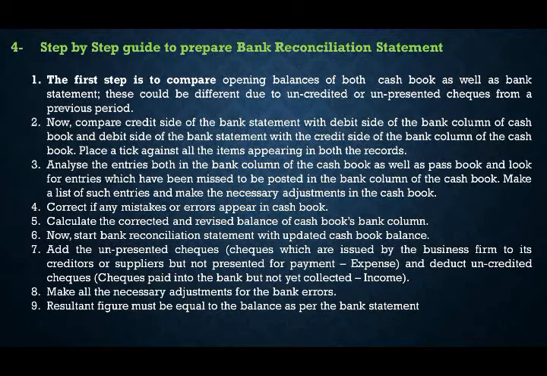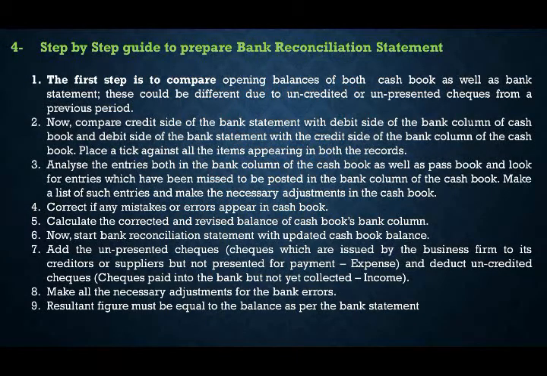The second step is to compare the credit side of the bank statement with the debit side of the bank column of the cash book, and the debit side of the bank statement with the credit side of the bank column of the cash book. The reason behind this practice is that what we have in our bank ledger on the debit side is a credit entry on the part of the bank, and what we have on the credit side in our bank ledger is posted by the bank on the debit side of the bank statement.